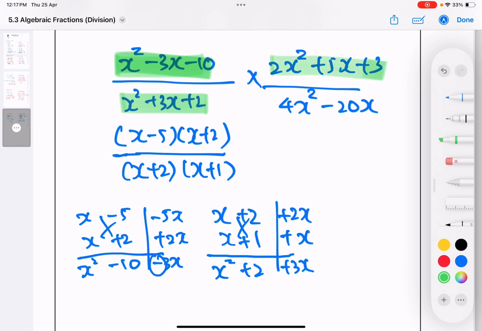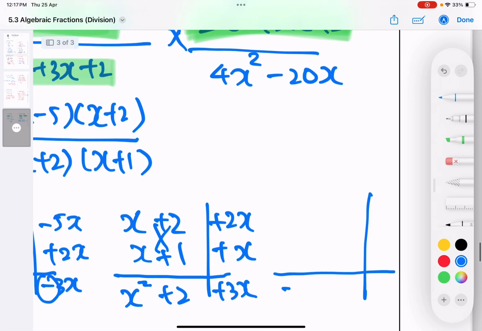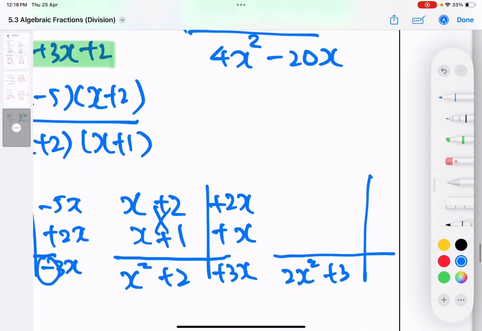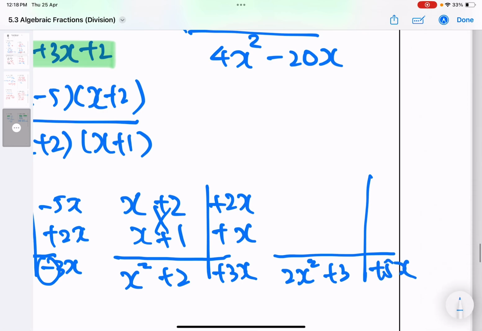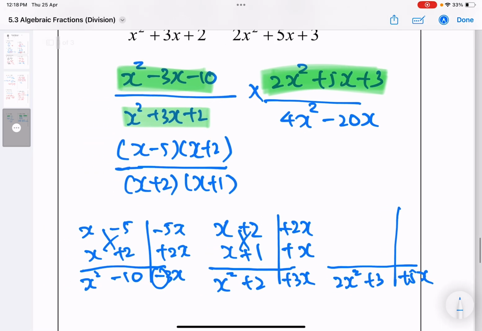Then next, I'm going to factorize this one over here on top. Again, one more ladder method: 2x squared plus 5x plus 3. I'll let you copy first before I factorize the last one.